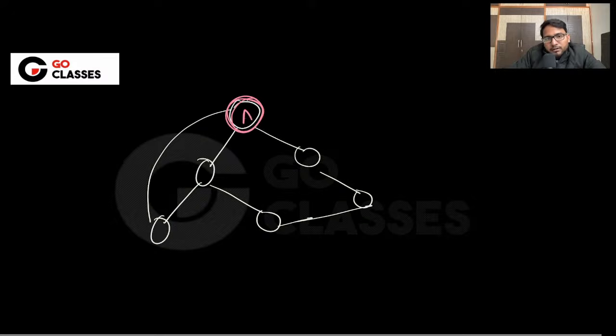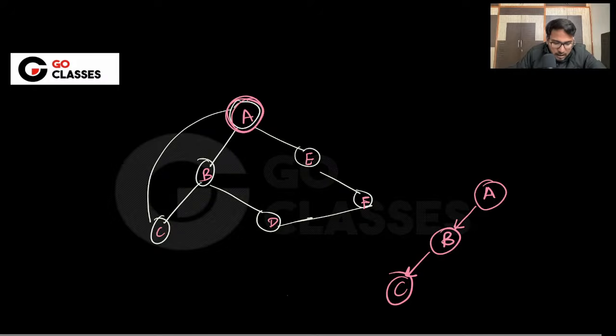This is A, this is B, this is C, this is D, this is E, this is F. Suppose you are visiting this, and then you are going here, and then you are going here. So how will your tree look? You will say this is A, then this is B, and then this is C, right? This is a tree. Now you tell me, this edge you have encountered now, right?